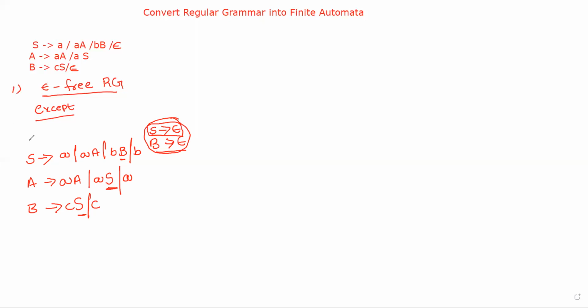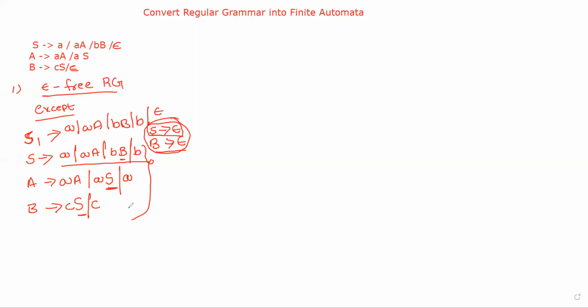That is the reason we are adding one more symbol S1 as the start symbol. The S1 start symbol contains all the productions of S, along with epsilon. Now check. S1 is not present on the right hand side of any production.